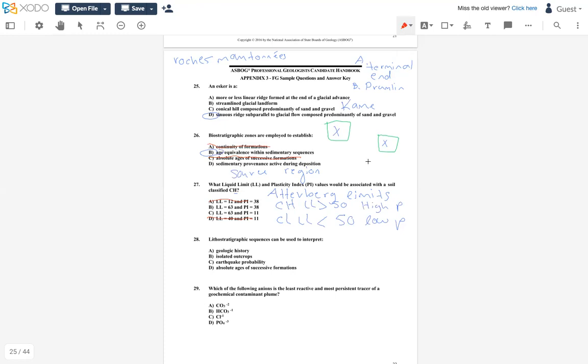But I did remember the high plasticity and low plasticity, and I think high plasticity means greater than like 17 or 15 or something, and low is less than that. Looking at our answer options, we have B, plasticity greater than 38, and 11. Since B has the higher plasticity, we know B is our correct answer.